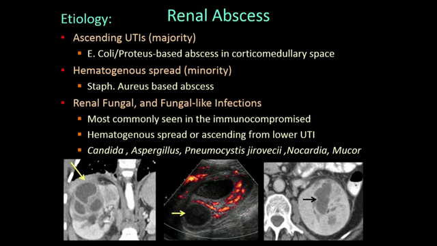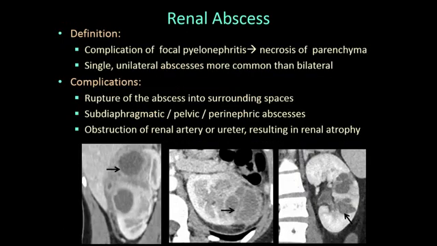One of the other confounding complications is renal abscess, and this again is in patients with pyelonephritis that is complicated, or you can have hematogenous spread in the setting of cardiac infections and such. Most of these bugs are E. coli or Proteus-based, but some of them have these very odd fungal or fungal-like infections, which you see in the immunocompromised patient.